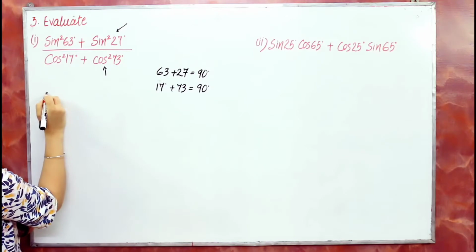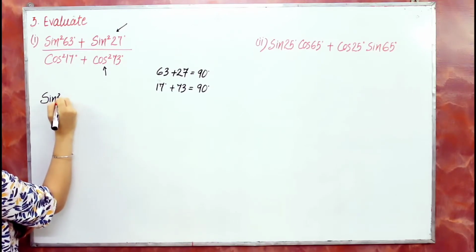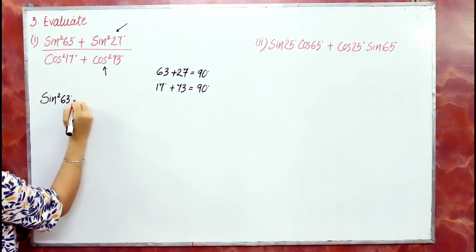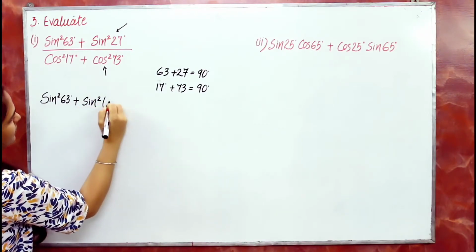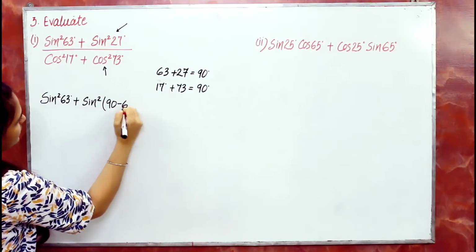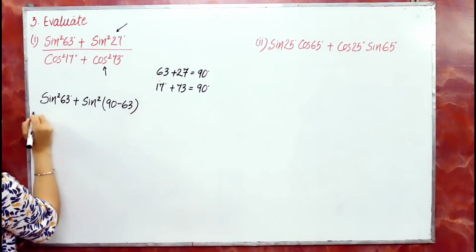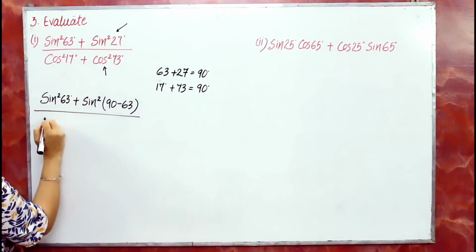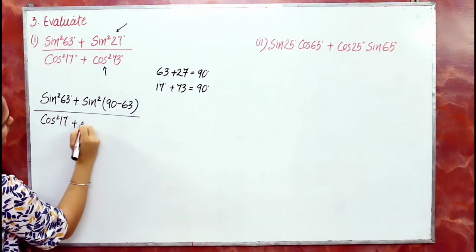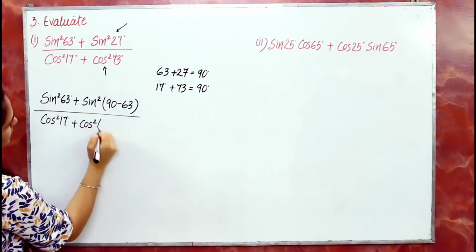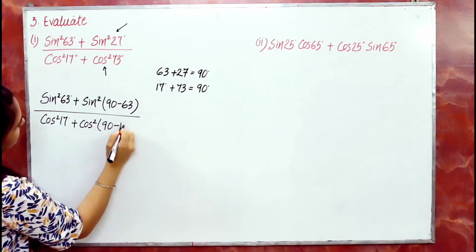So let's start. There will be no change in sine square 63, and sine square 27 can be written as sine square 90 minus 63 upon cos square 17 degree plus cos square 90 minus 17.